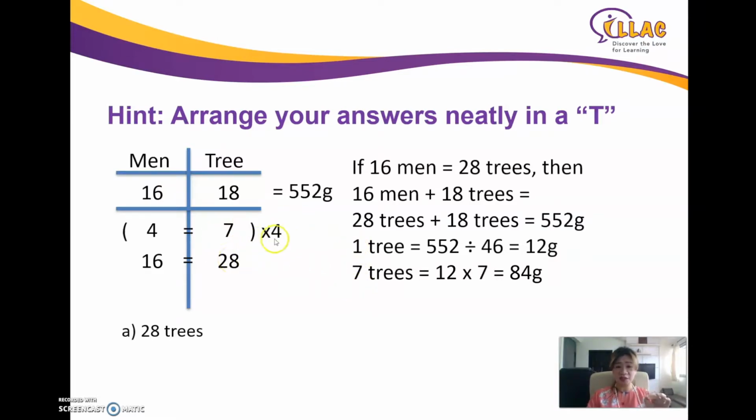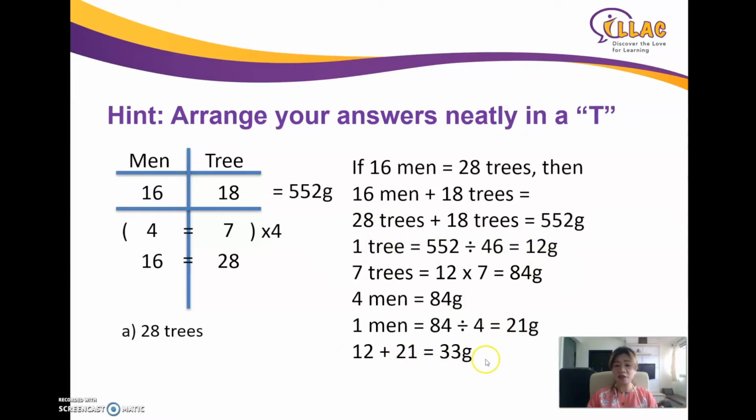I find 7 trees first because 7 trees equals 4 men. 7 trees is 84 grams, so 4 men will also be 84 grams. So 4 men is 84, 1 man will be 21. Therefore, 1 man and 1 tree is 12 plus 21 equals 33 grams, and that's your answer.